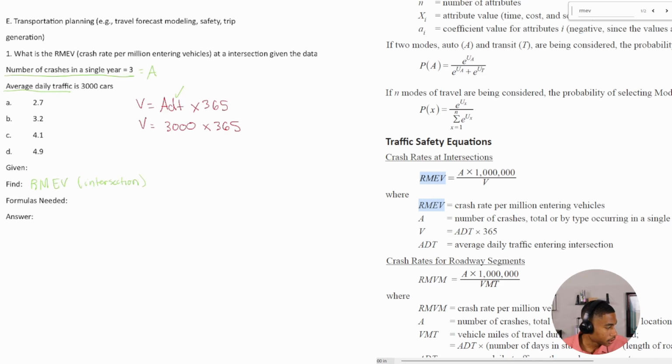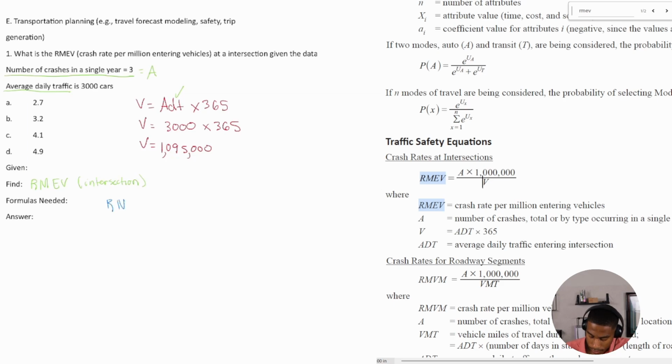So what does our V end up totaling to? For V, we get 1,095,000. All right, so now we have V, we have A, and we can solve for our crash rate per million, our RMEV.